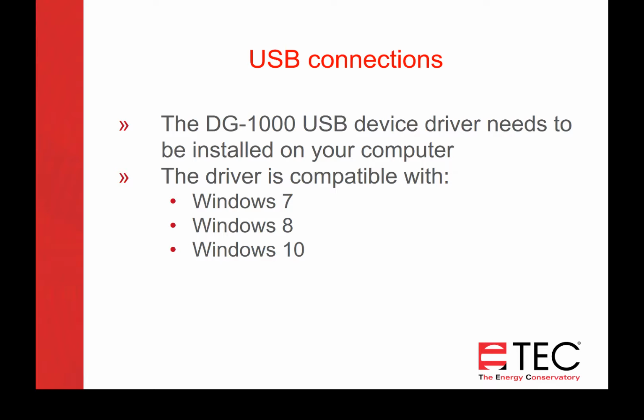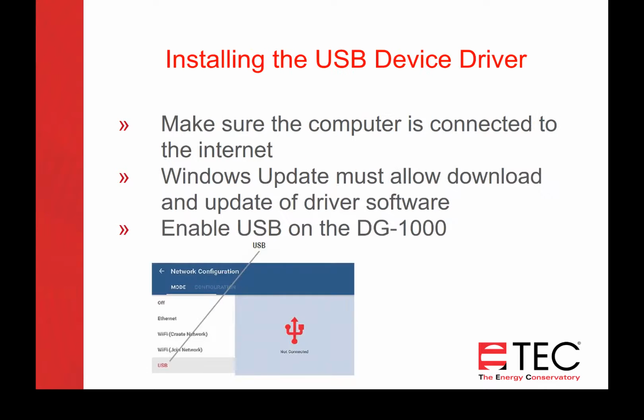Needs to be installed on the computer. So a driver needs to be on your computer, and that driver is compatible with Windows 7, 8, or 10. So we want to make sure your computer has an internet connection, and that your Windows update must allow downloads and updates of driver software.